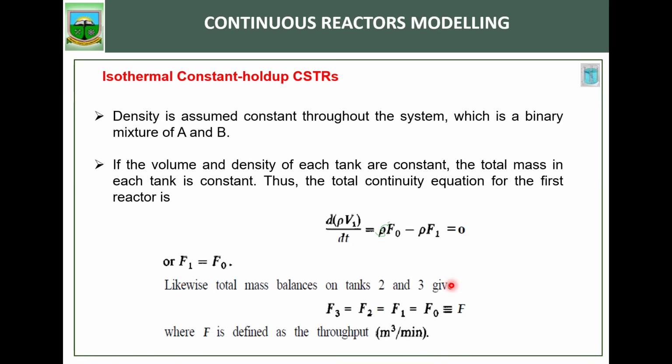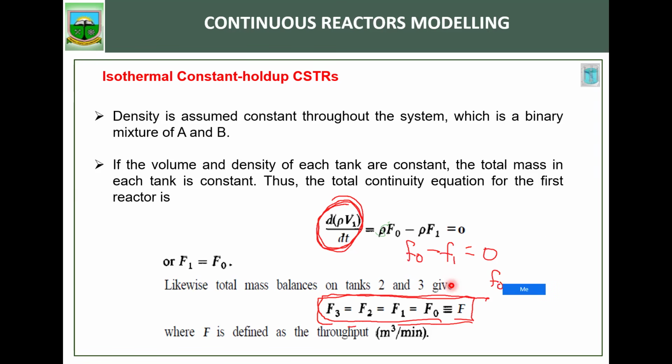When this is established, it becomes easy to write the mass balance, the continuity. All the F's will be equal. And if that happens, there's no accumulation. This is 0, right? So if accumulation is 0, you have Fo minus F1 is equal to 0.